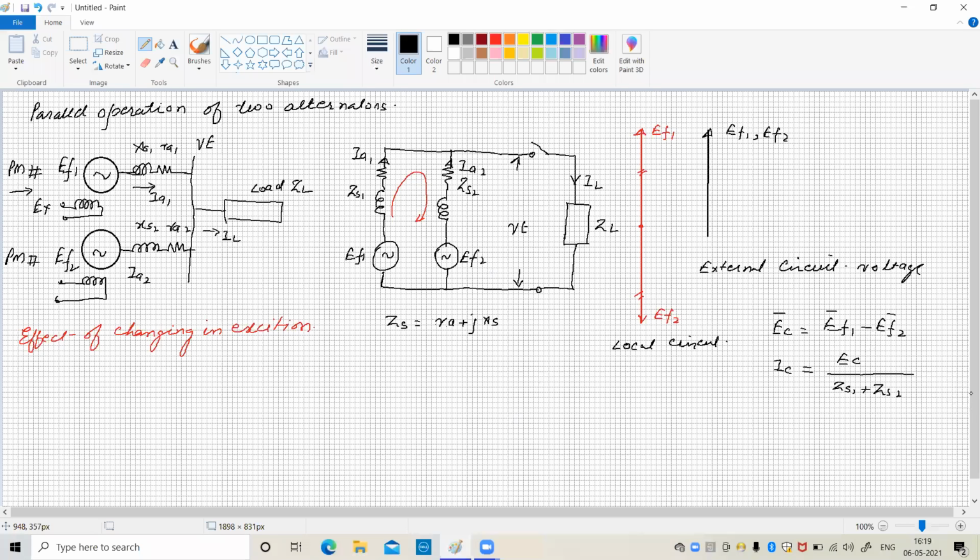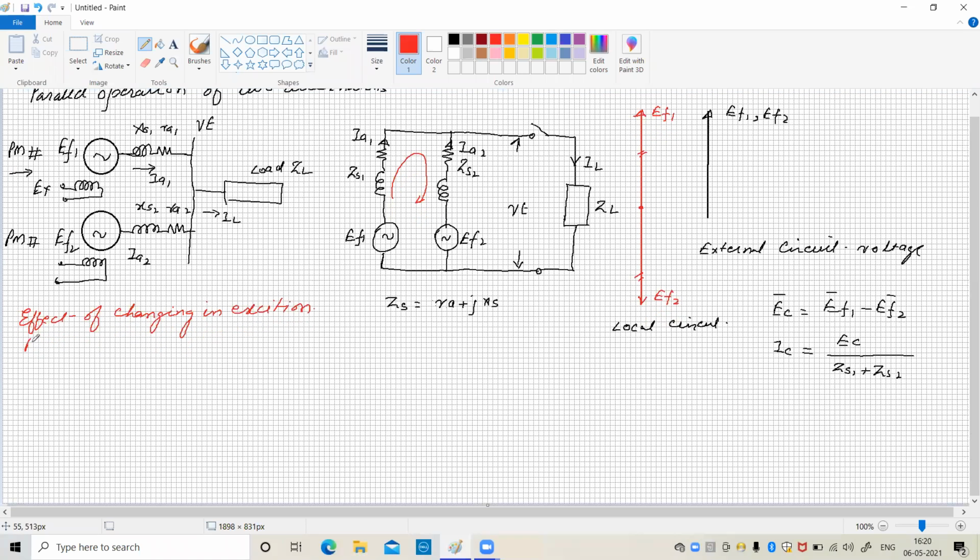The example is such that the excitation of alternator 1 is increased. We have increased the EMF, or increased the excitation of alternator 1.